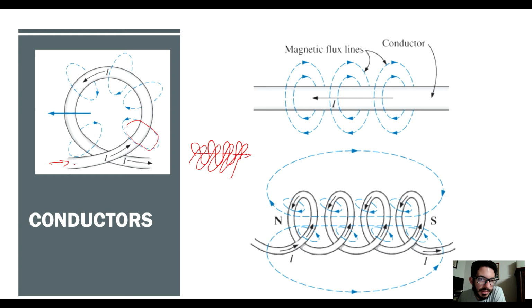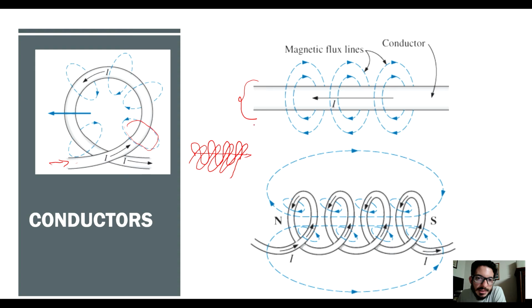Hence, if you have electric field or if you have electric current flowing through a conductor, you can measure the magnetic field around it. Sometimes that could be very weak depending on the material. Sometimes it could be very strong to the point that we can use that magnetic field for sensing or for other applications.